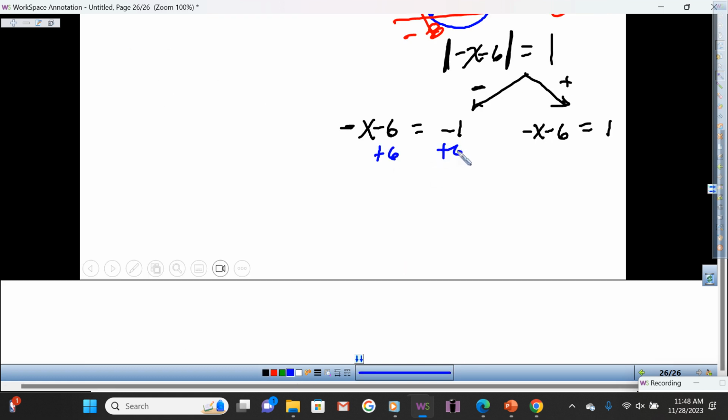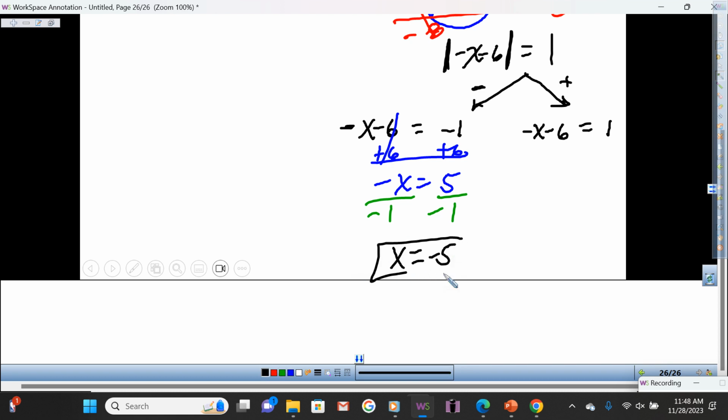Here we go. Plus 6 plus 6. Negative x equals 5. Divide by negative 1 because of this negative. And we're left with x equals negative 5. This one. Plus 6 plus 6. Negative x equals 7. Divide by negative 1.